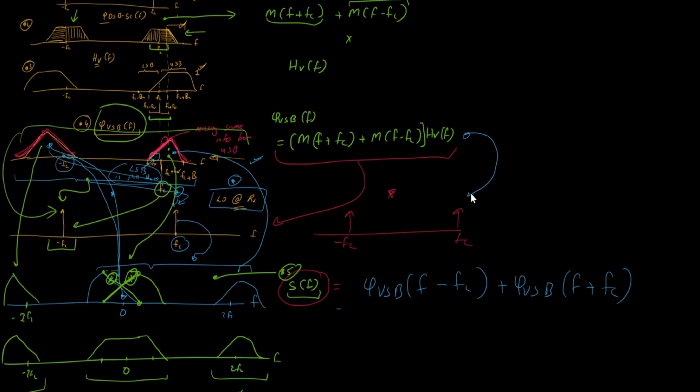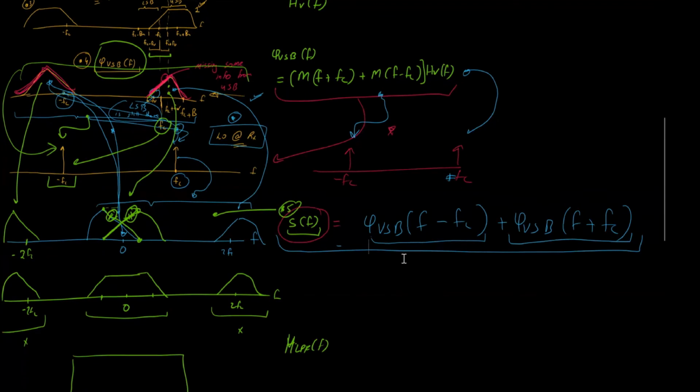So this convolved at plus fc, you got this, and then again this convolved at minus fc, you are going to get phi VSB of f plus fc. So this is our S of f.